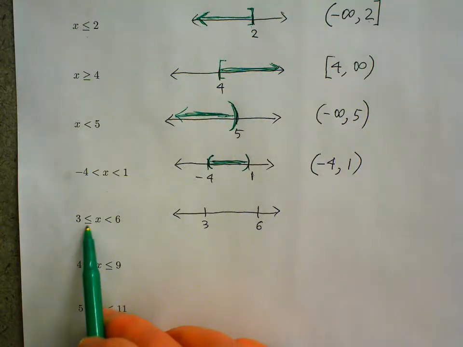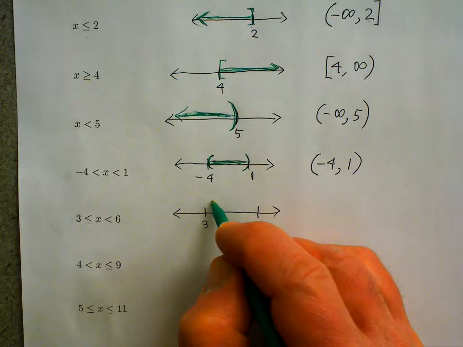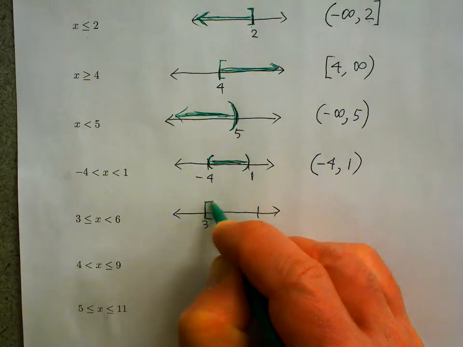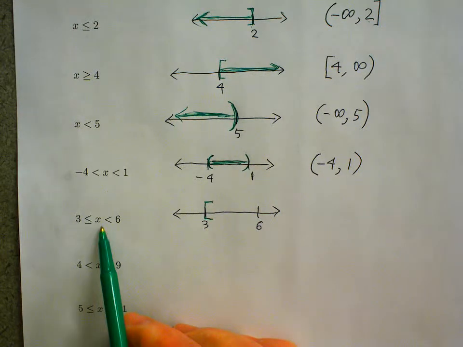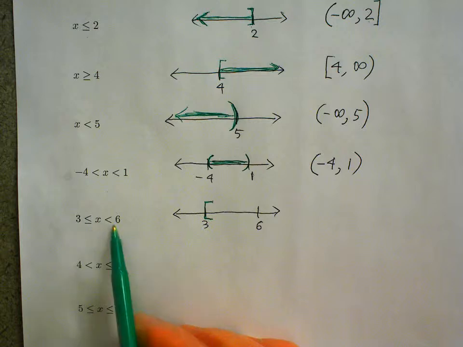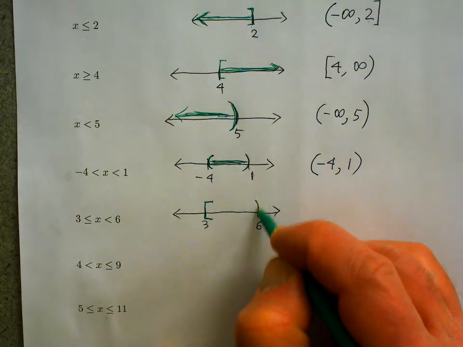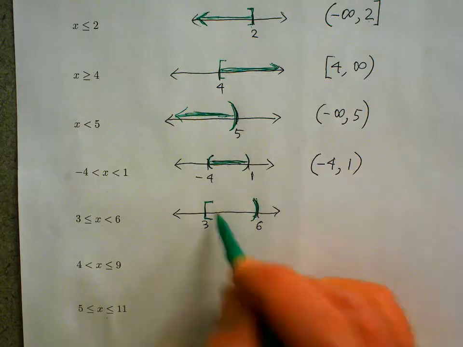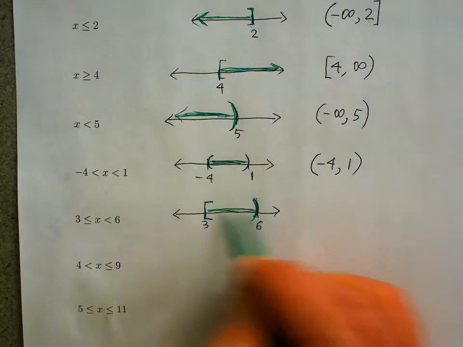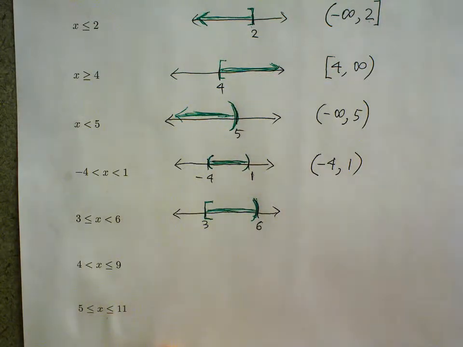Since 3 is less than or equal to x, we put a bracket at 3 that opens to the right. And at the same time, x is less than 6, so we put a parenthesis at 6 that opens to the left. And then we shade the numbers in between.